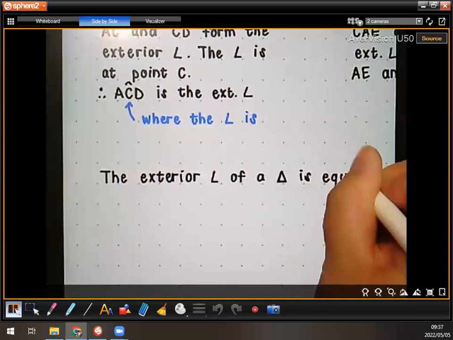All right, guys, now we're actually going to write down the rule for the exterior angle. This was all just identifying them and naming them.